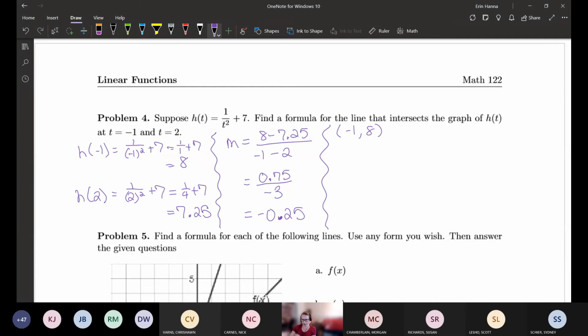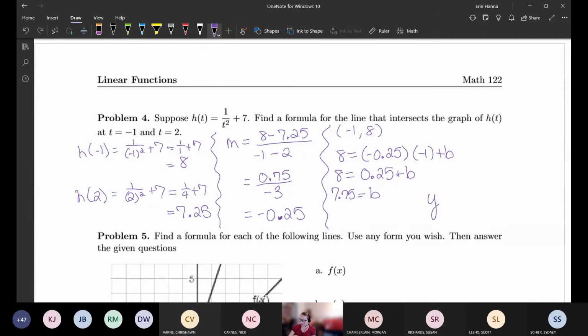But when we write our final answer, we will use a t instead of an x. So we will have 0.25 plus b equals 8. Subtract the 0.25 from both sides, you'll get that b is 7.75.